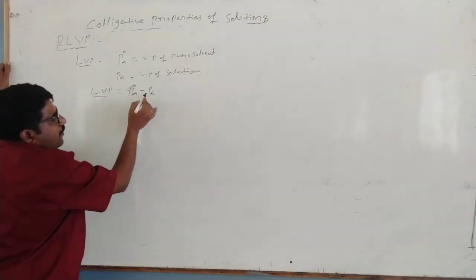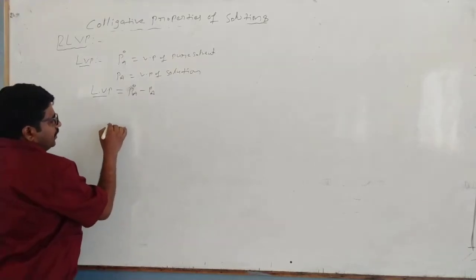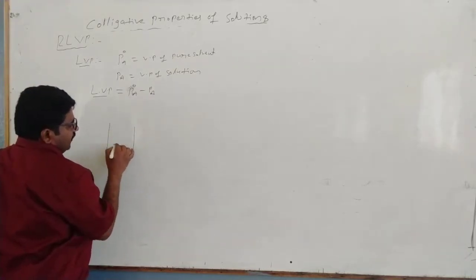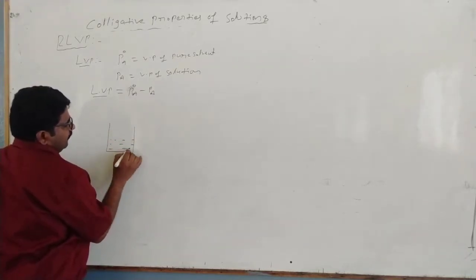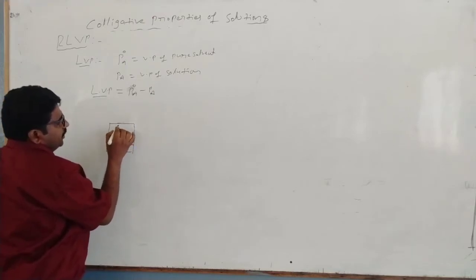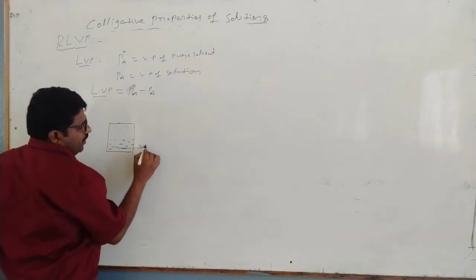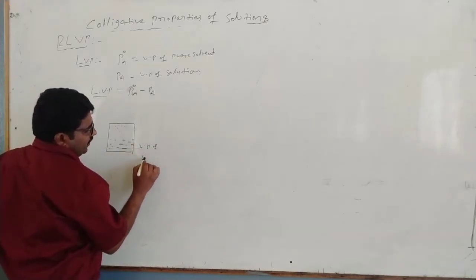Why is the vapor pressure of the solution less? Consider this is the solvent. Now it is converted into vapor; this is the vapor pressure of the solvent.